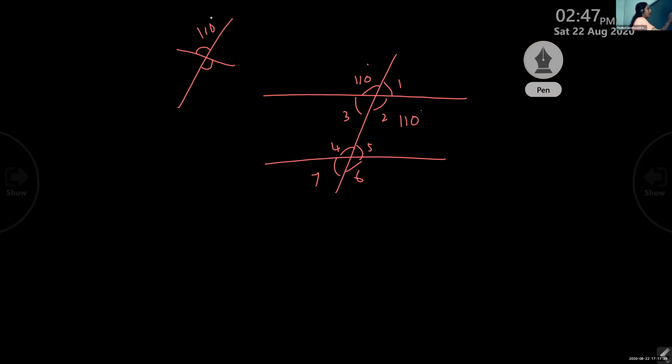So, angle 2 is 110. Can you find angle 1? Angle 1 is 70. And what about angle 3? 70. And angle 4? 110, because it is a corresponding angle.